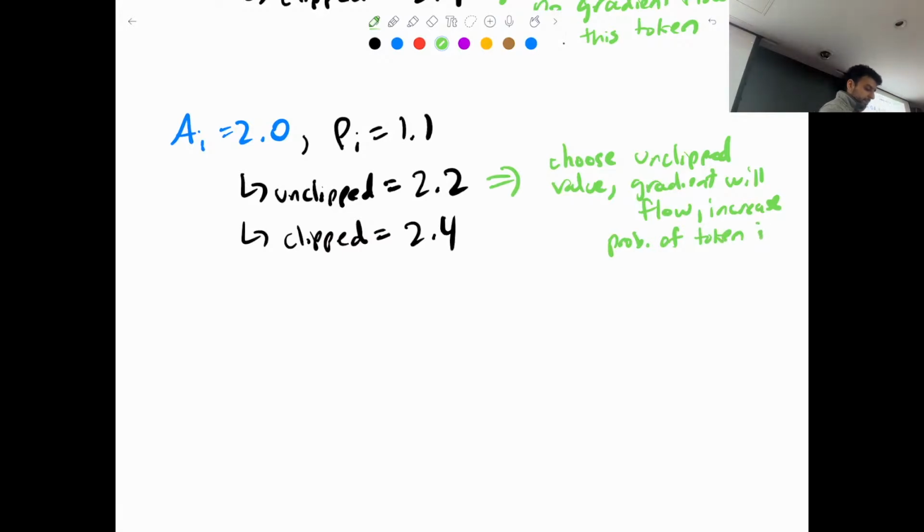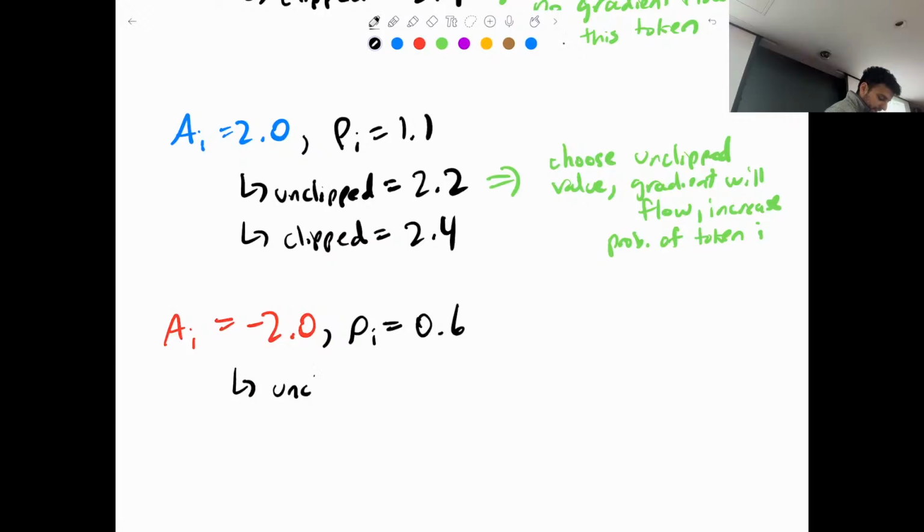So we could do the same thing for the negative advantage cases. So these are cases where we want to decrease the probability of this token because it was associated with a worse than usual sample. So here, let's say this policy ratio is 0.6, right, which is already lower than our threshold.